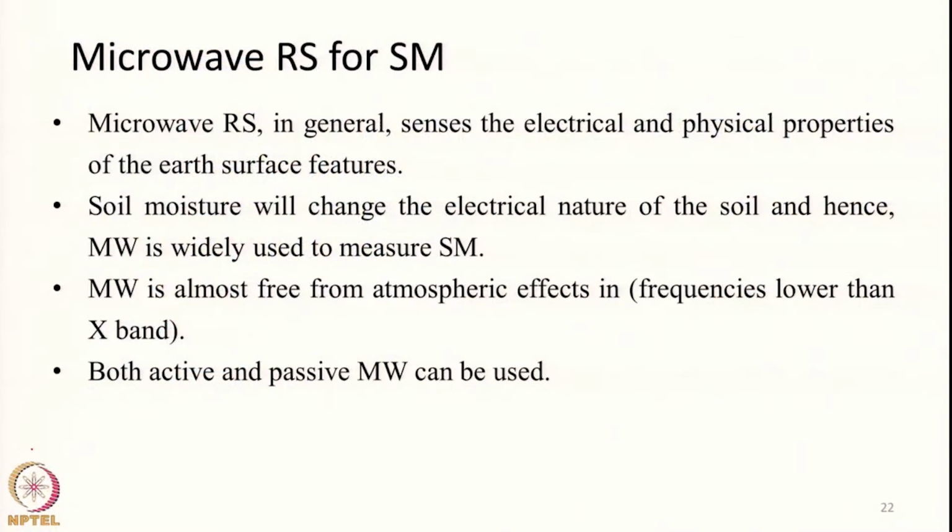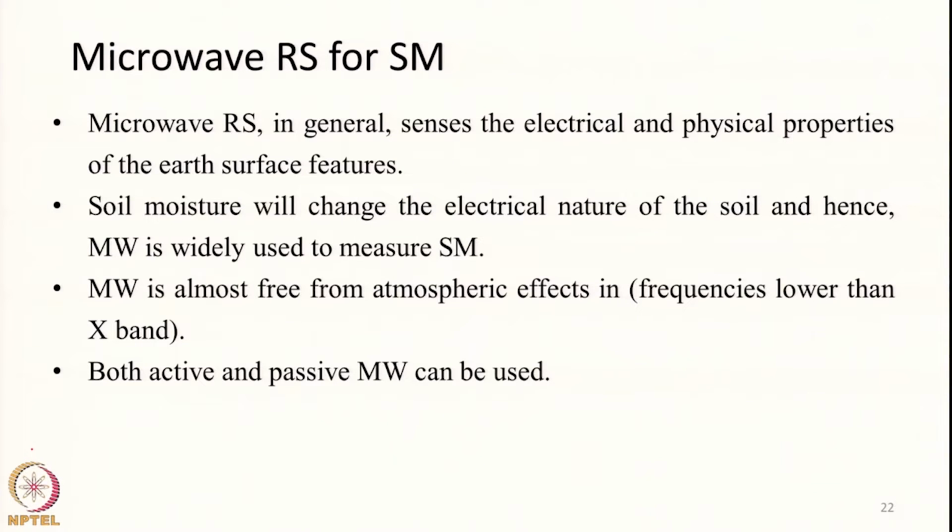While discussing microwave remote sensing, both active and passive, I told that microwave signals react to the electrical and physical properties of the features on the earth surface. That means whenever water is added to the soil, it will change the electrical property of the soil, which will be picked up by the microwave signals.